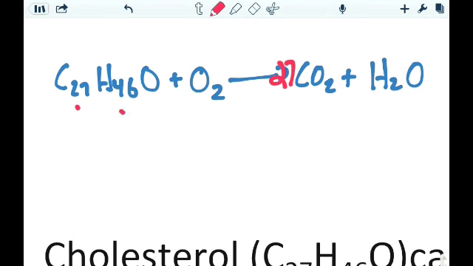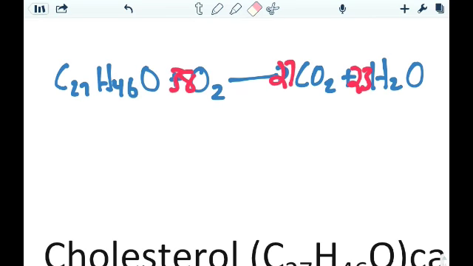We have 46 hydrogen, and water has a 2 there, so 46 divided by 2 gives me 23. Now looking at our oxygen, we have 27 times 2, which gives us 54, and then 23 oxygen, so 54 plus 23 is 77. On our reactant side we already have 1, so we just need 76 more. What times 2 is 76? That would be 38. So there's our nice and neat balanced chemical equation.